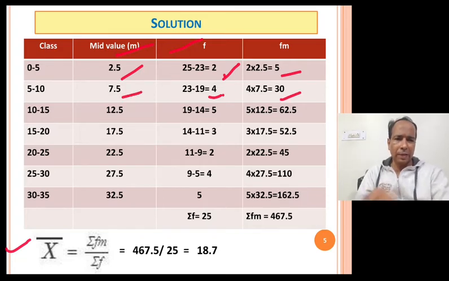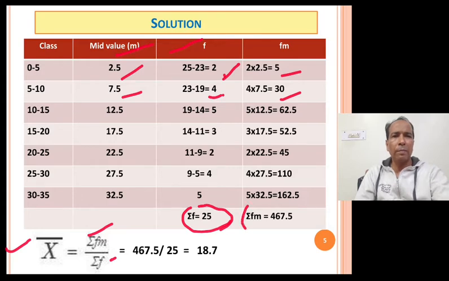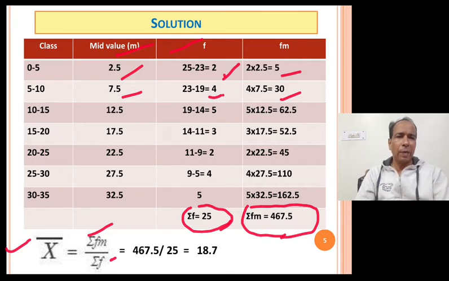Similarly, we calculated the rest. And now, in our formula, we need sigma Fm and sigma F. If we sum all the frequencies, we get sigma F. We sum all the values of Fm, we get sigma Fm.